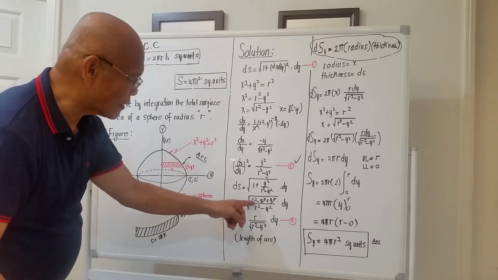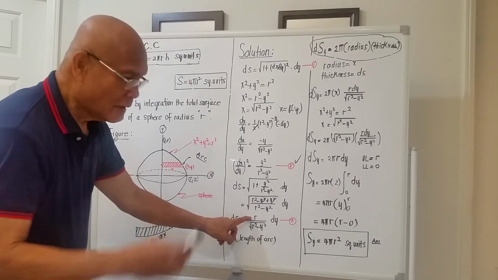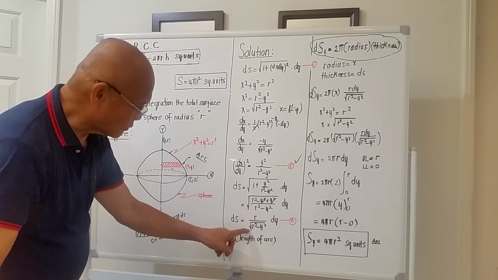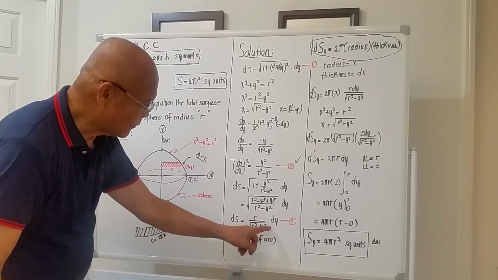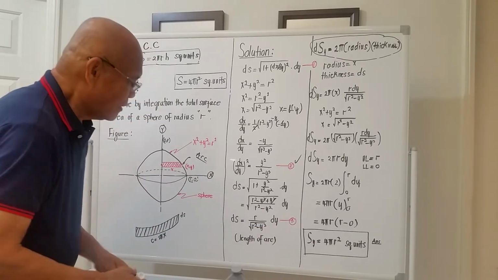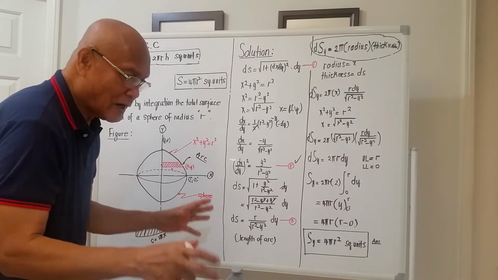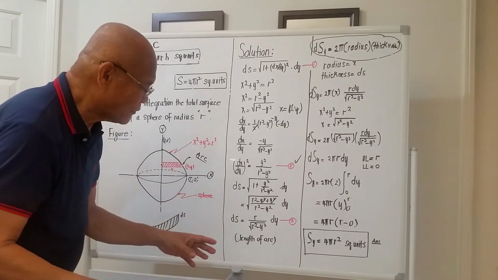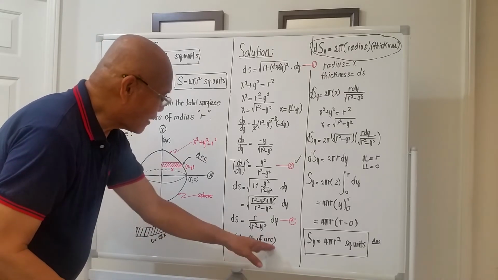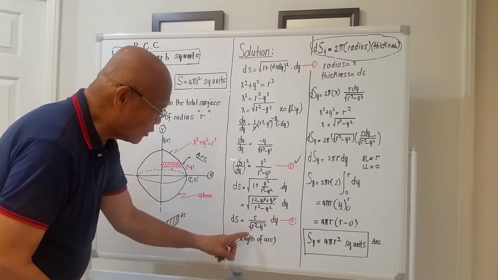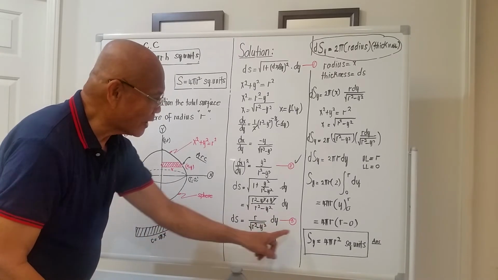The square root of r squared is simply r, and the square root of r squared minus y squared will be the square root of r squared minus y squared, times quantity dy. Equation number 3. Meaning the differential arc for a sphere, okay, the length of arc for a sphere will be r over the square root of r squared minus y squared times dy. Equation number 3.